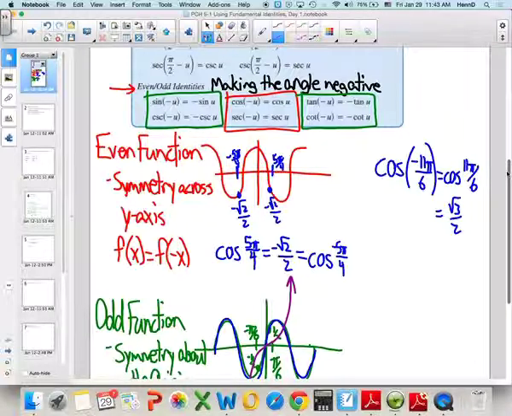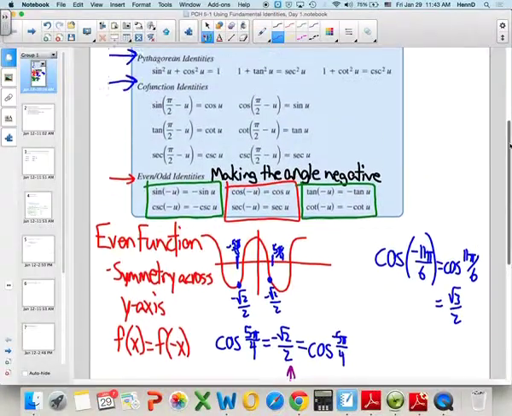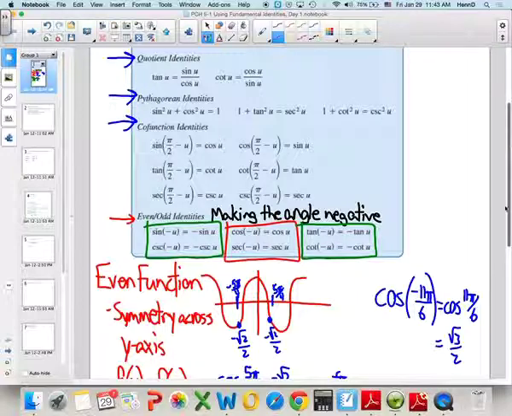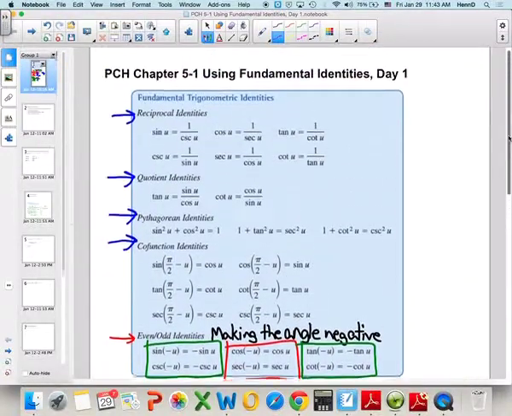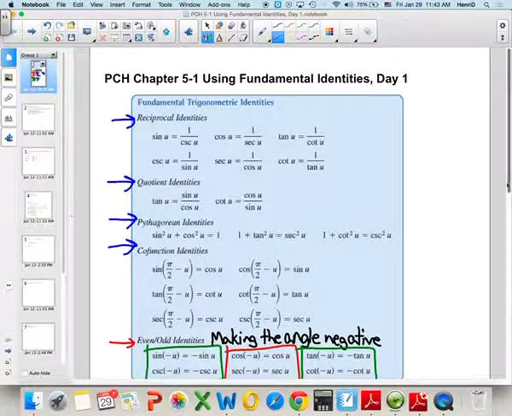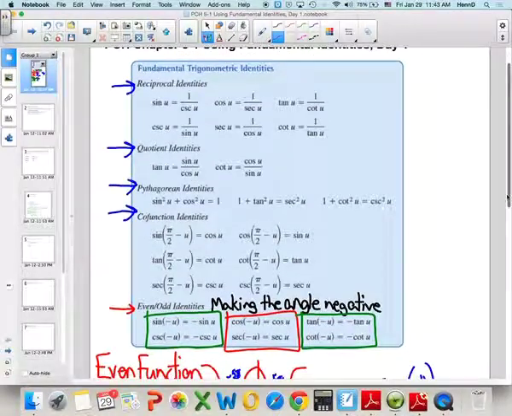That being said, I'm emphasizing this for two reasons. One, it's new and it's helpful to take some time with it. But what you're going to find real quickly is that we're going to use the reciprocal, quotient, and Pythagorean identities a ton. You aren't even going to have to try to memorize those; we'll use them so much you'll naturally memorize them.